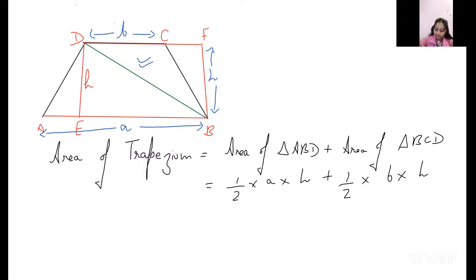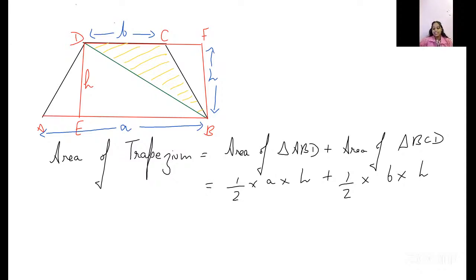I'm talking about this triangle. In this triangle, we have the height and the base. The base is DC. Base into height, we add them.